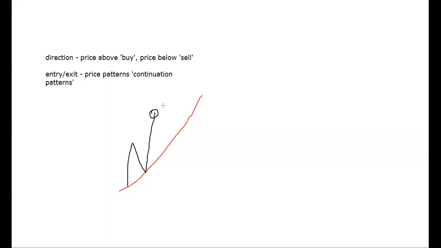A bullish flag would be like this. When that happens, we trade on the breakout. At the breakout we buy and put our stop loss here.